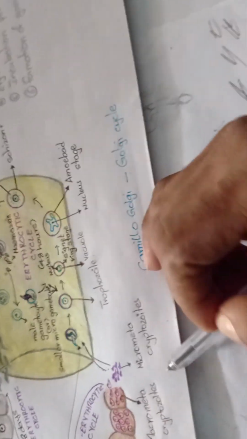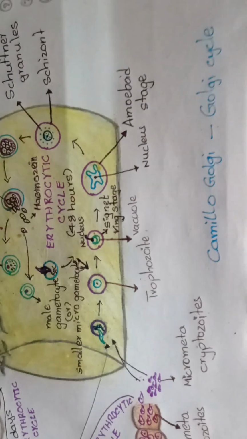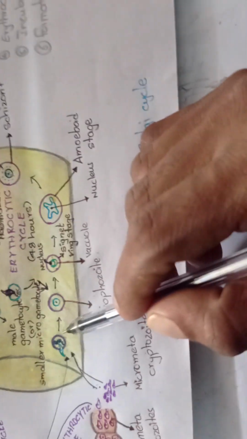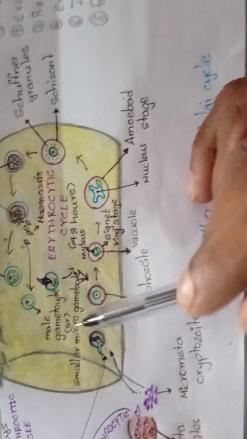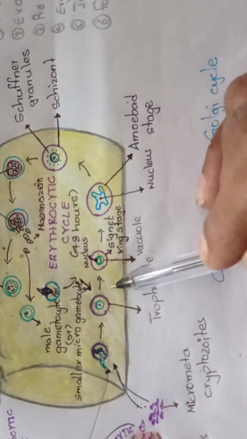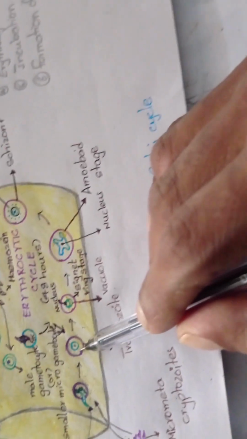Now see, these micro metacryptozoites enter into the RBC and get transformed into trophozoites.